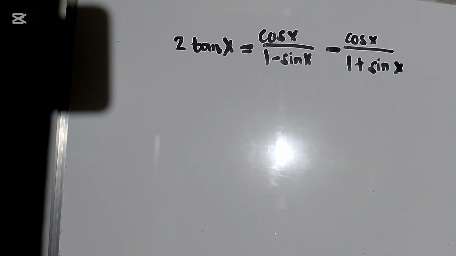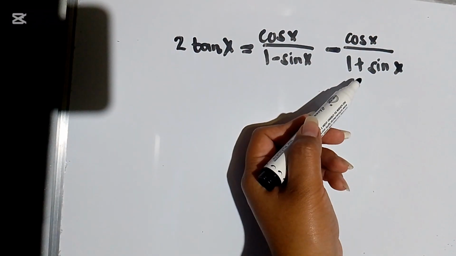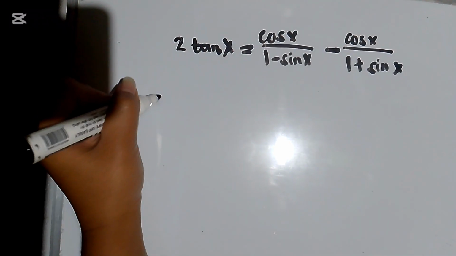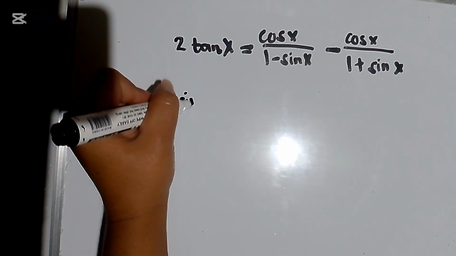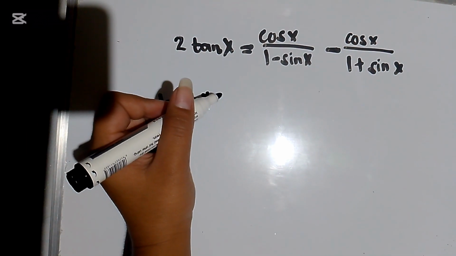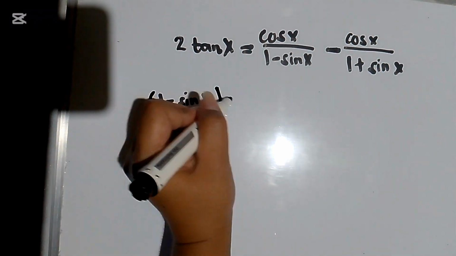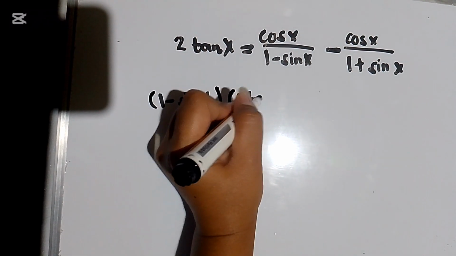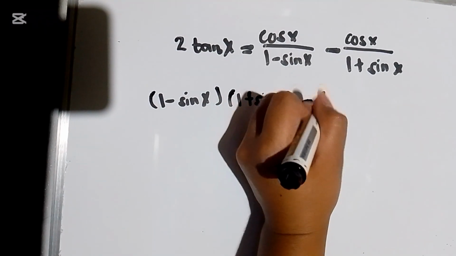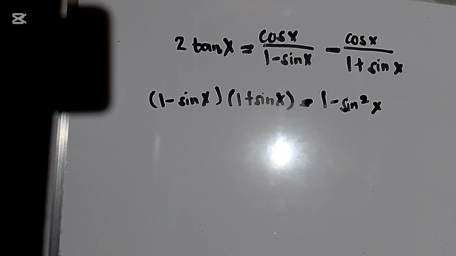The common denominator of the two fractions is (1 - sin x) and (1 + sin x). So it would be (1 - sin x)(1 + sin x), which is equal to 1 - sin squared x.